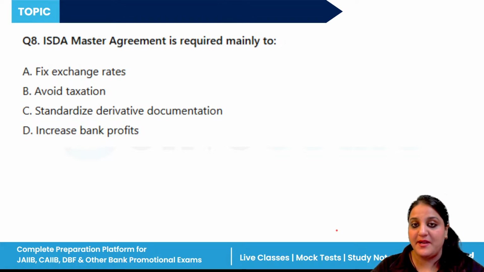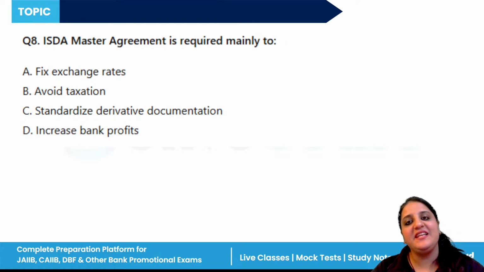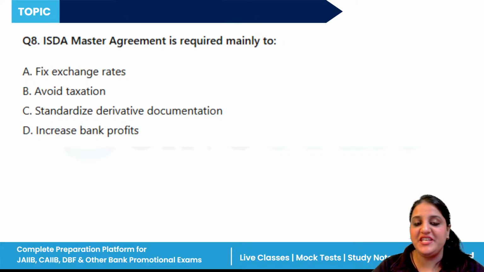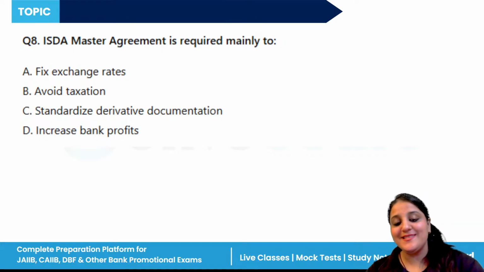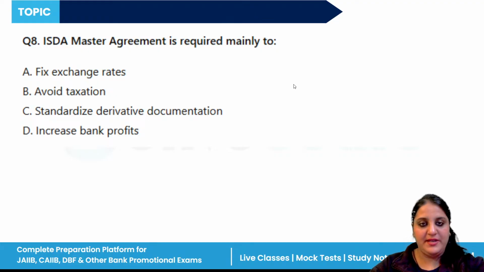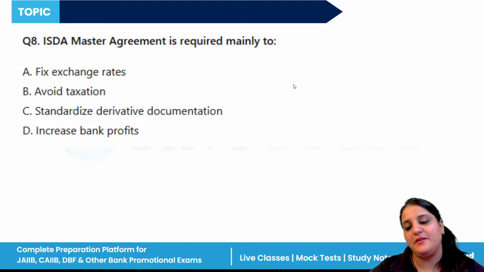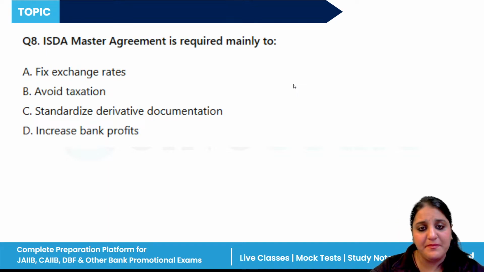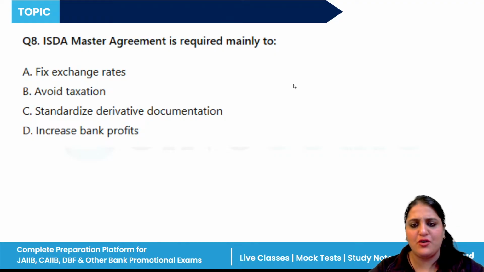Now next question. ISDA master agreement is required mainly to... What is this ISDA agreement? Let me tell you about the ISDA master agreement. It is the standard, globally recognized contract for over-the-counter derivatives.